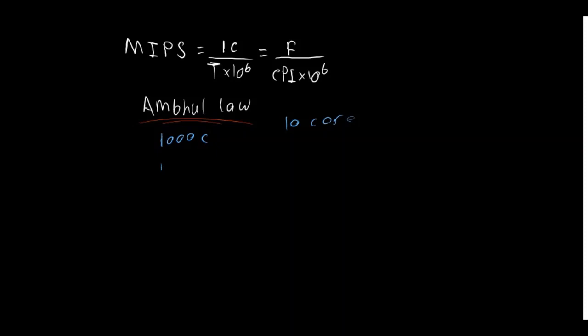So you have what you call F. F is the part that can be run on multiple processors, right? It's parallelizable. Basically, it can be run on multiple processors at the same time. And then you have 1 minus F, the part that is sequential code.